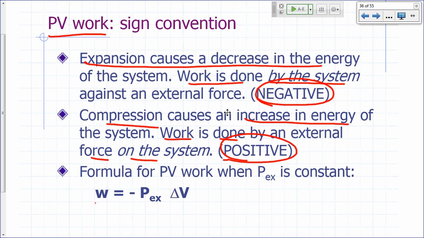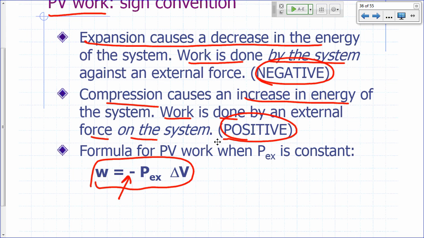Our formula for work is written this way. Work is negative, there's a negative sign in front there, times P external times the change in volume. Okay, let's see if that's consistent. What happens if a system expands? V final minus V initial would be positive or negative if it expands?